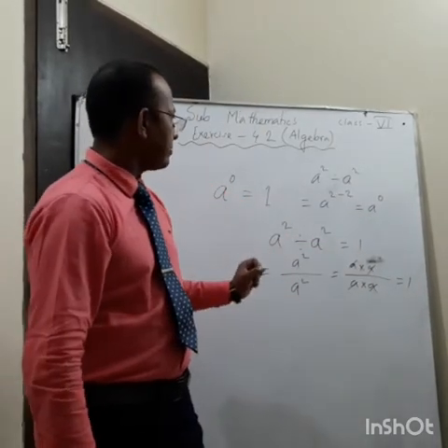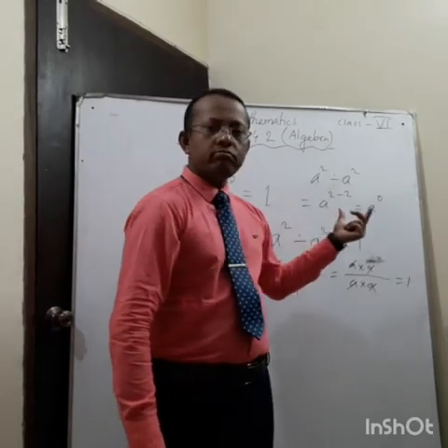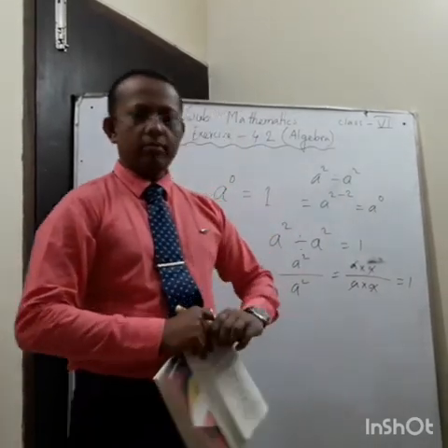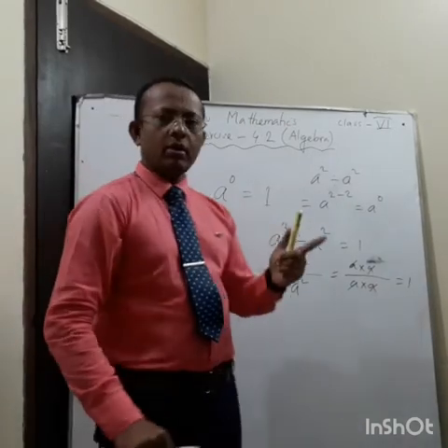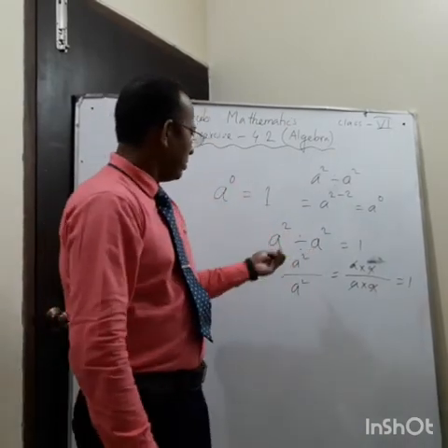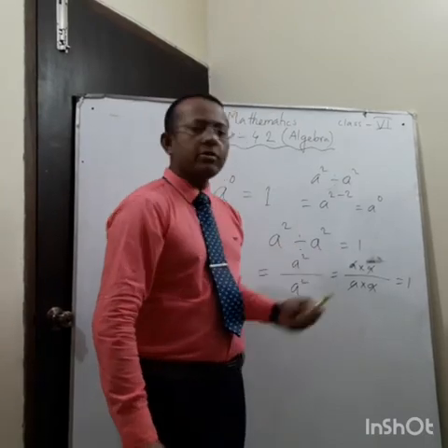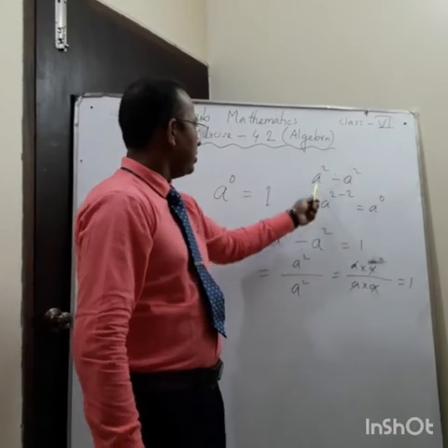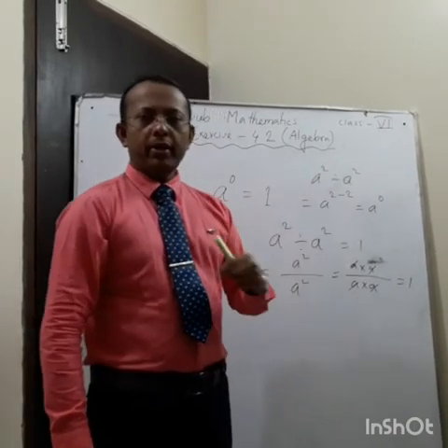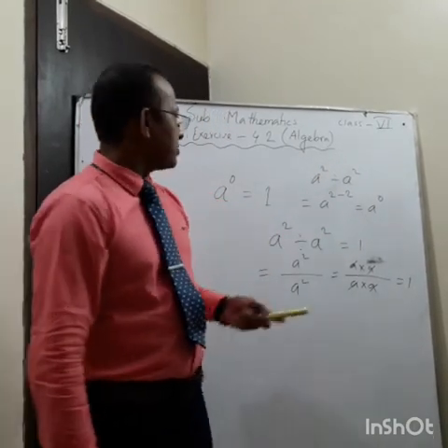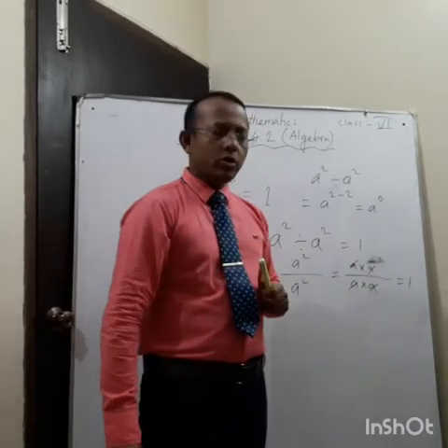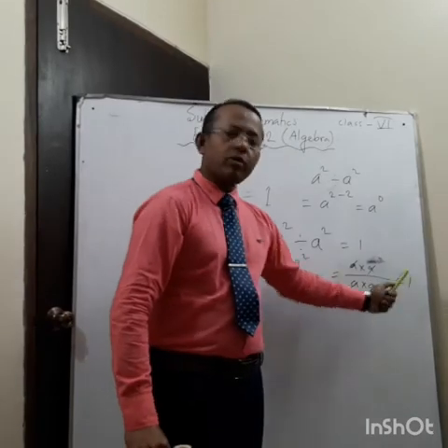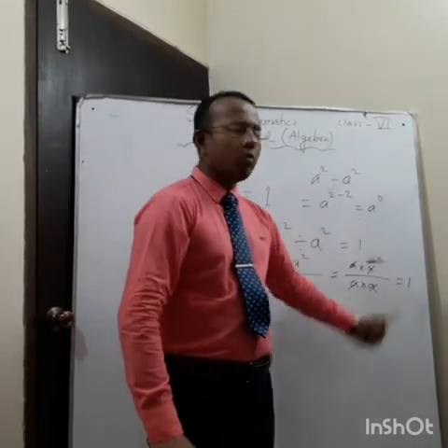I said that in case of division, if the base is same, the power will be subtracted. And we know that if the dividend and divisor are the same, their quotient will be 1. So a to the power 0 equals 1.